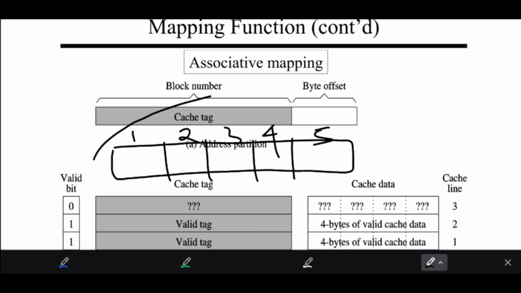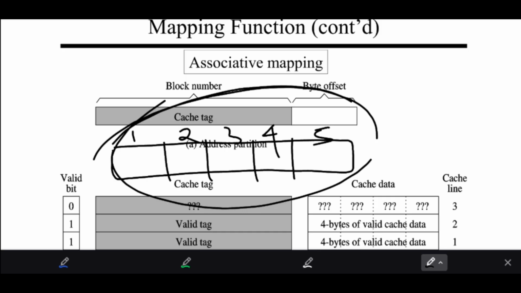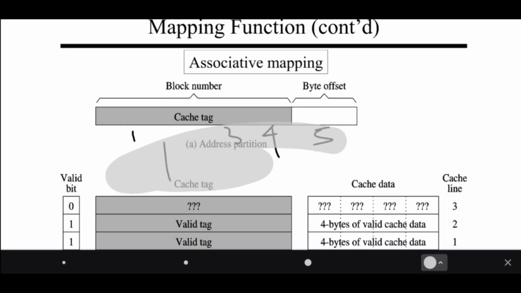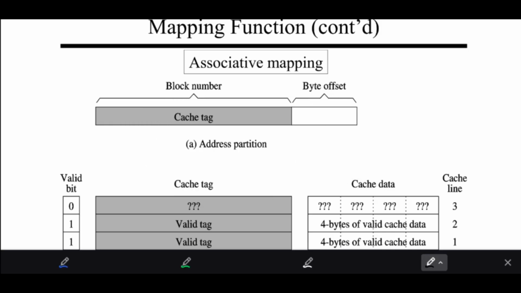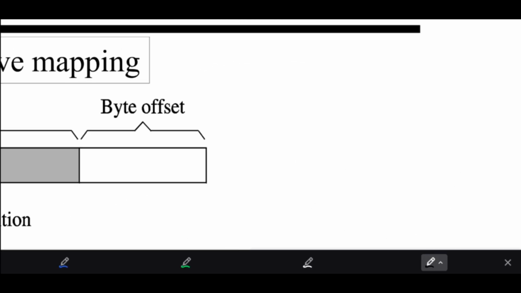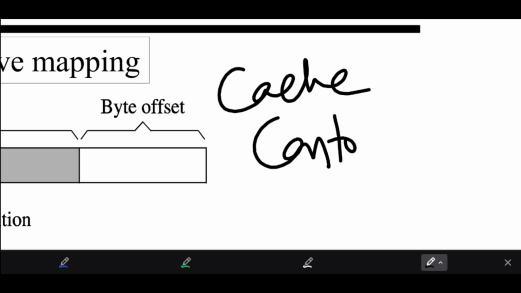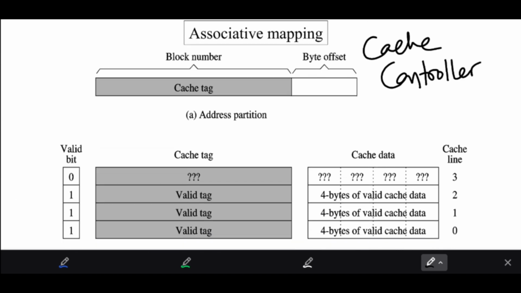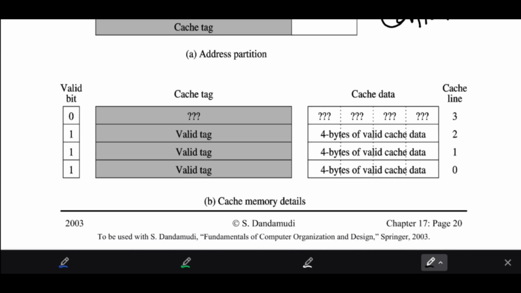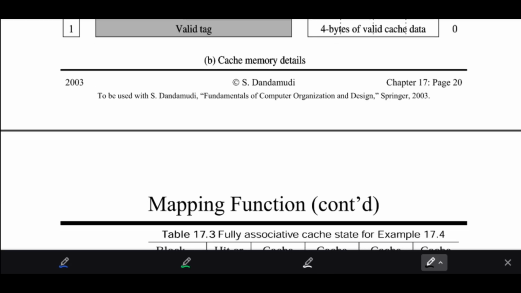Who decides in which block the data will be stored? Actually, this decision is taken by our cache controller.